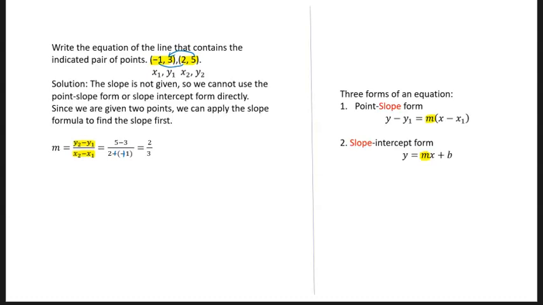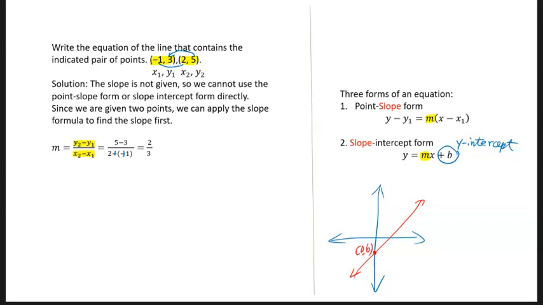Now we're still going to choose the first formula, because if you want to use the second formula, one thing is missing, which is b, the y-intercept. If I show you a graph here, the y-intercept is the intersection point of the line with the y-axis. Actually, it's the y-coordinate. This point always has 0 and some kind of b.